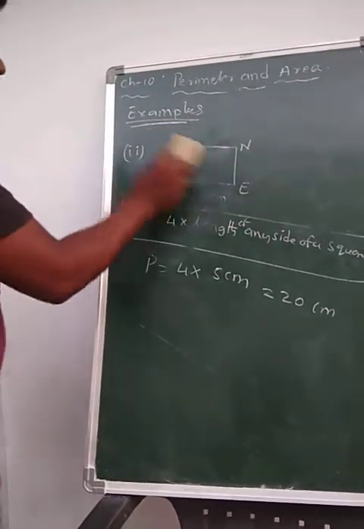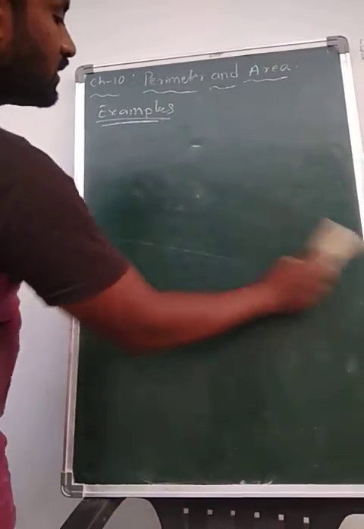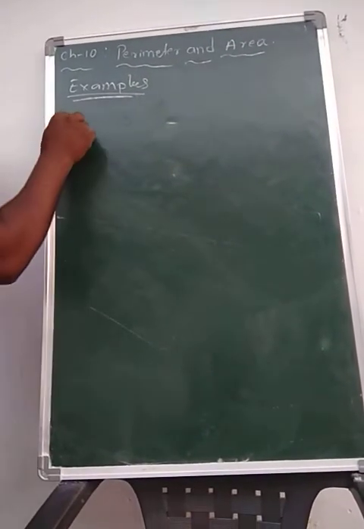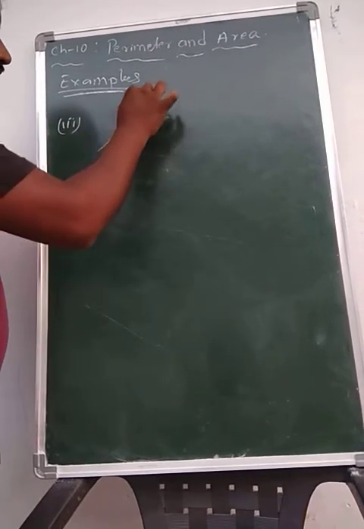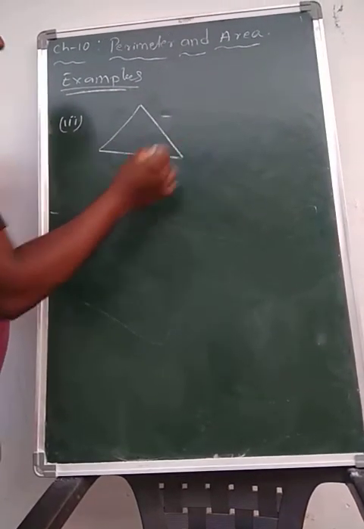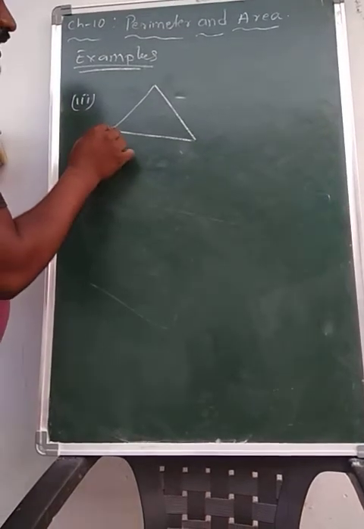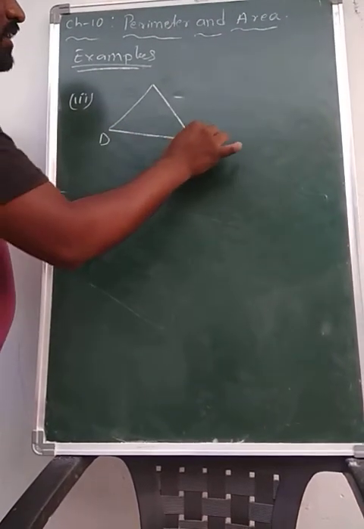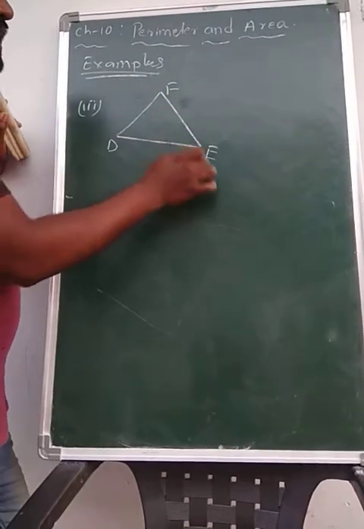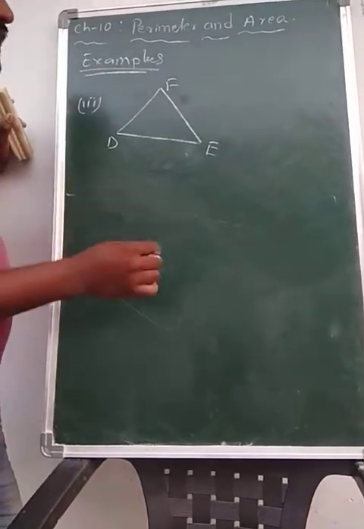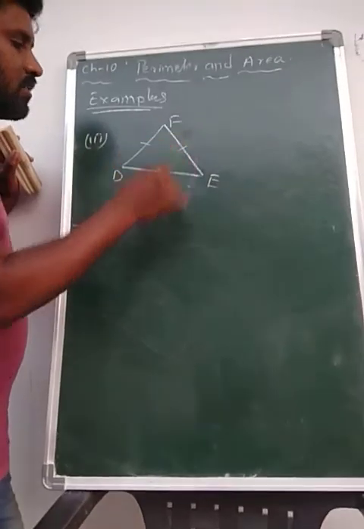Now see one more question. This time in the third I am taking an equilateral triangle. Triangle DEF is an equilateral triangle, which means all sides are equal.